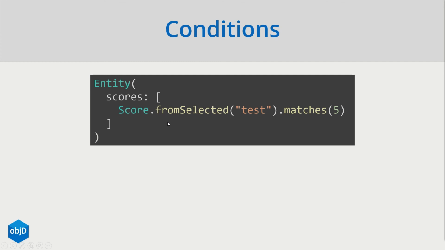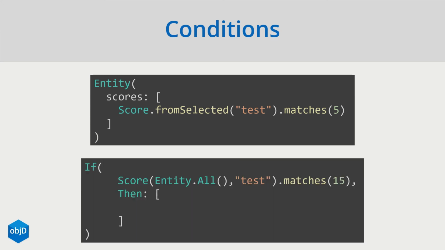Here the fromSelected constructor is used to make the entity.selected unnecessary in the arguments here. Or you can also use it in combination with the if widget here, and then execute a list of other widgets. You can learn more about the if widgets and conditions in this video once it is out.